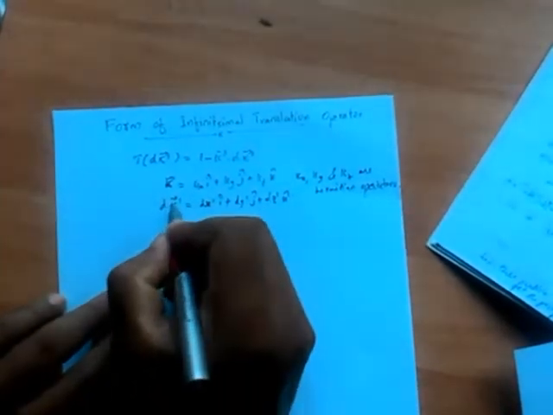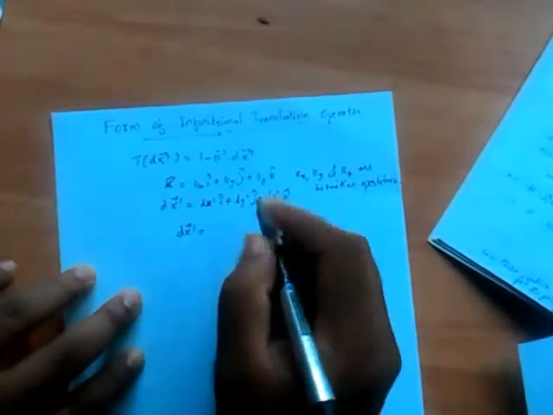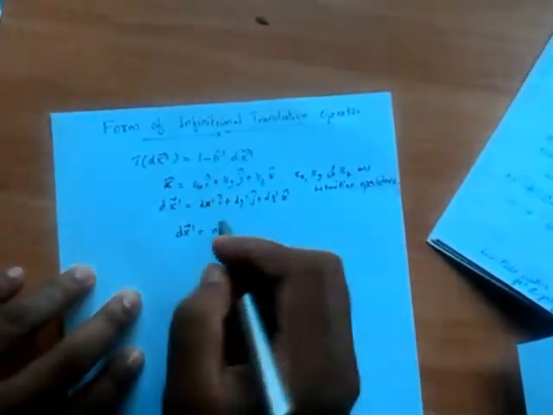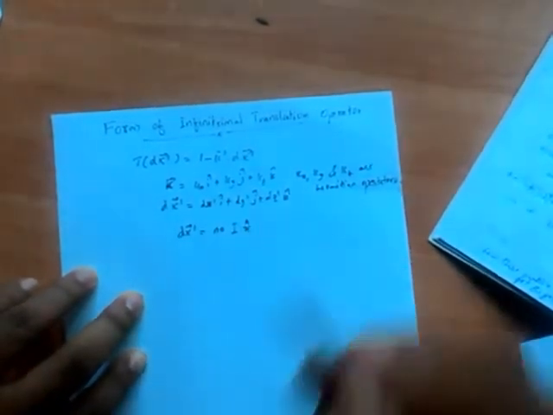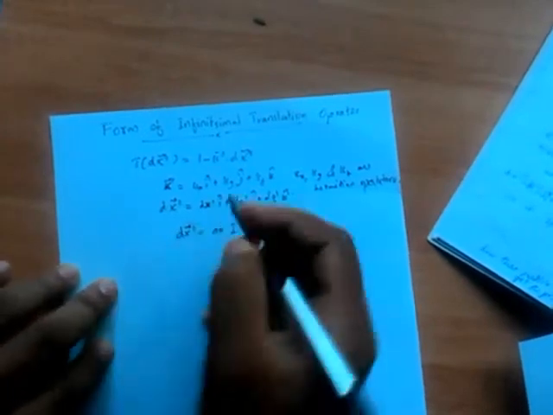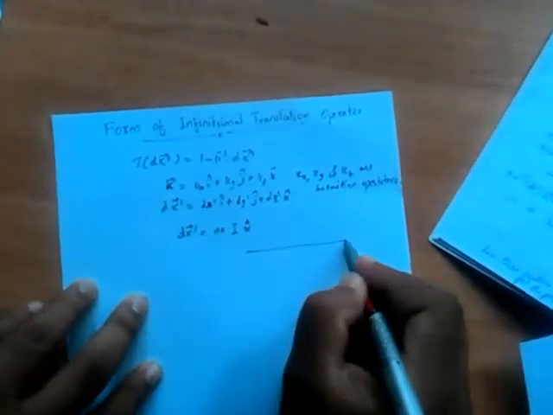We'll define this operator dx' as a particular number times an identity operator in some particular direction. This means, let's consider one-dimensional space.